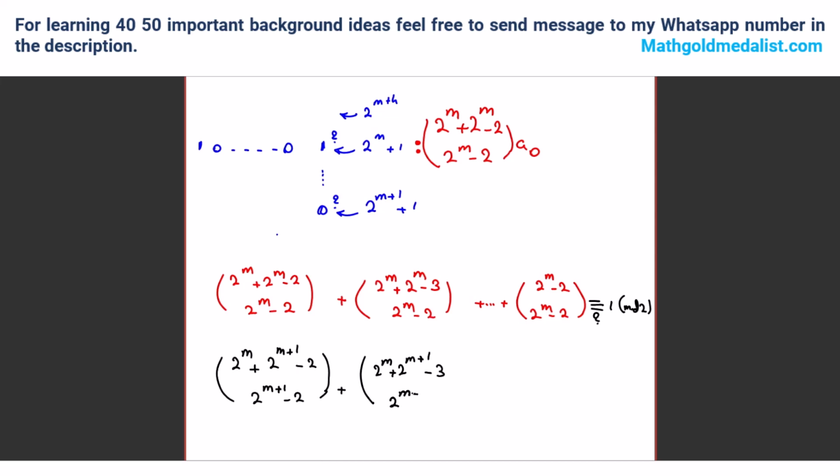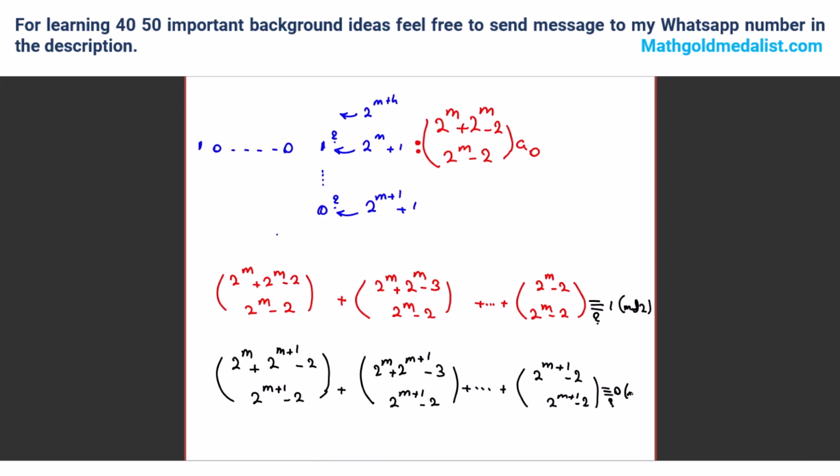Sure. 2 to the m plus 1 minus 2. The last one is 2 to the m plus 1 minus 2, right? We should prove it is what? Mod 2, zero.